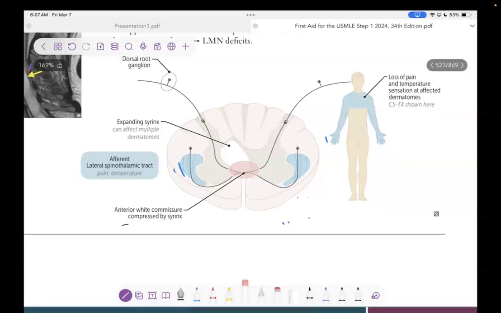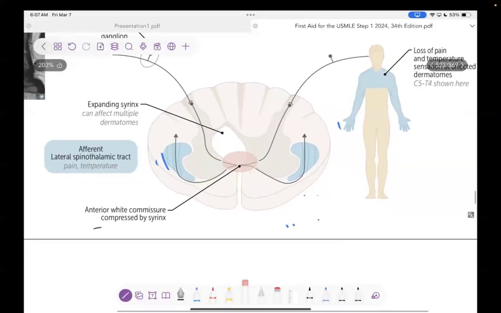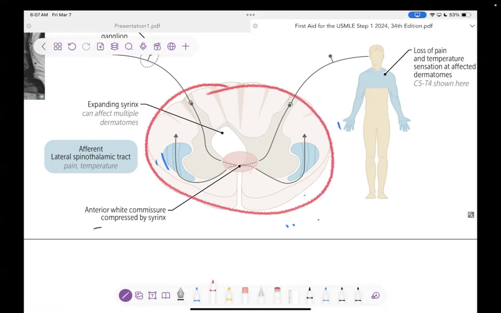Okay. So let's look at the picture, because unless we know the mechanism and the pathways, we will not understand any word of First Aid. At first, we know that this is a spinal cord, and the spinal cord has the function of connecting the environment with the brain.